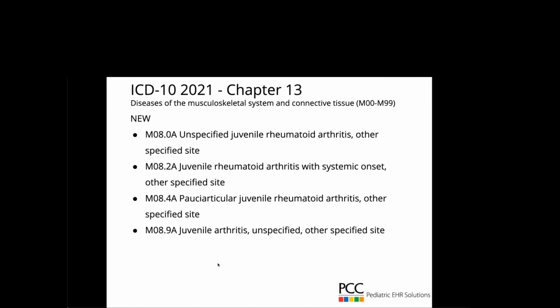Other specified site and unspecified other specified site. So it's an unspecified type of arthritis, but a specified site that's not listed in the list of available sites that are in this code range. So these are interspersed within the M08 series. You're going to find these new available options in the M08s.